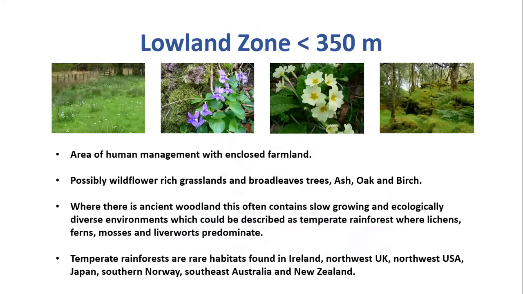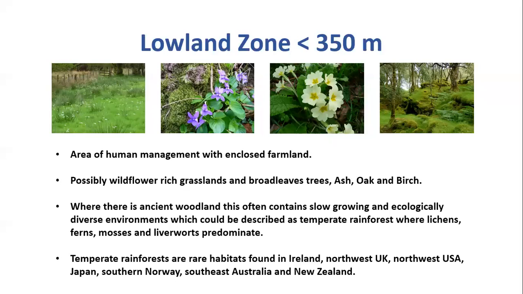So in the lowland zone, what we've got is areas of human management with enclosed farmland, and that means like upland hill farms. So you'll have fences, you'll have walls, you'll have rough grazing, and these might possibly be wildflower-rich areas. So there may be wildflowers present in these areas.